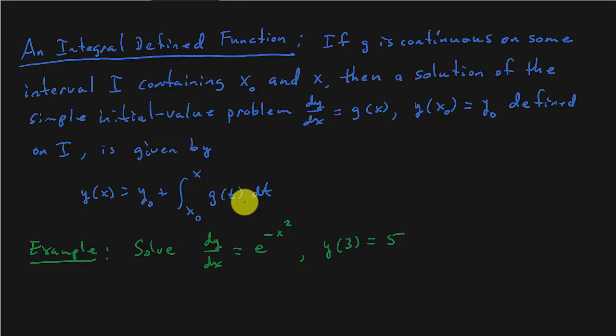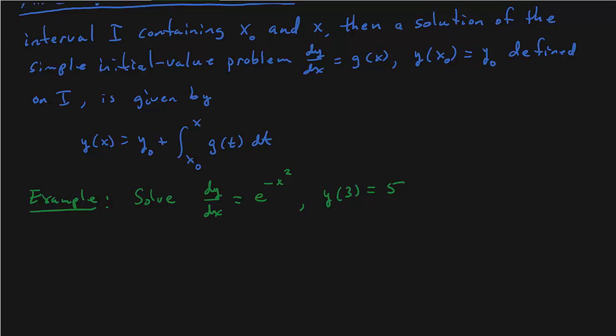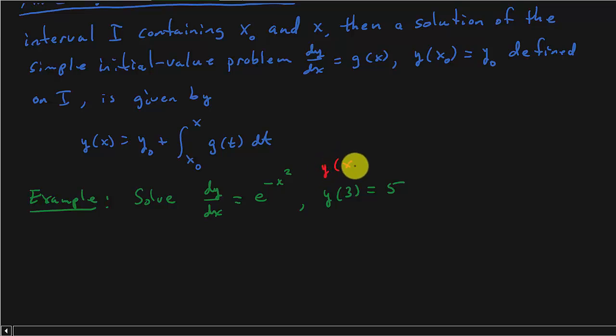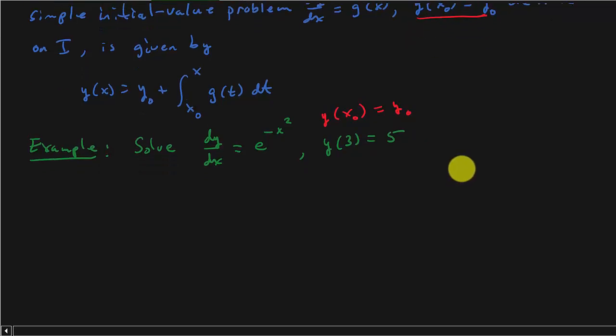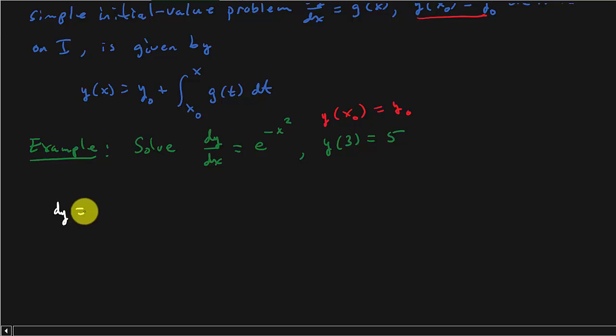All right. So let's look at this example. It says solve dy/dx equals e to the negative x squared. Now notice here, this is our y of x0 equals y0. That's that part. All right. So if we want to solve this, we're going to have dy is equal to e to the negative x squared dx.